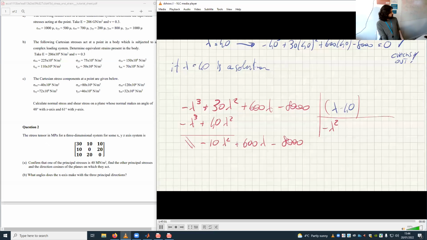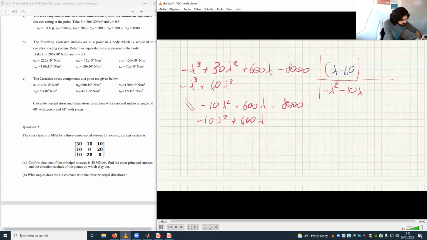Agreed? Now, how do we get rid of this minus 10 lambda squared? Well, I multiply this times minus 10 lambda. So I get minus 10 lambda squared, and this is plus 400 lambda. Do you agree? You should.